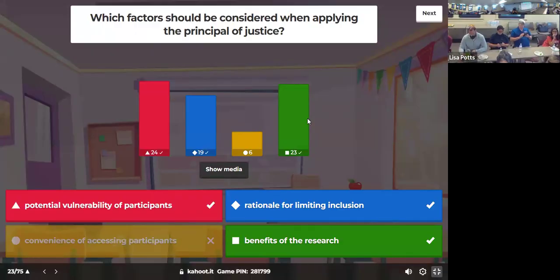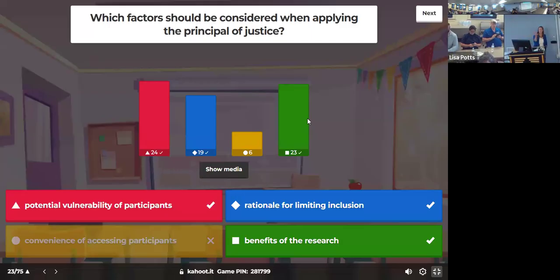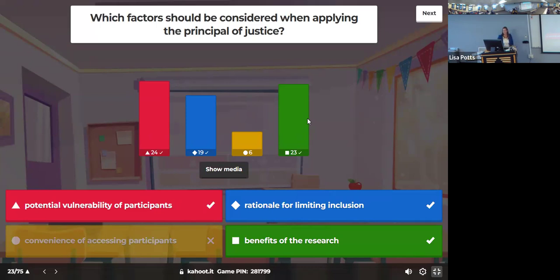Yeah, and I should probably add a disclaimer for all of these questions: they're not all-inclusive. I just picked some key ones, and there could be other factors to think about. But when you're thinking about justice, really think about what your inclusion or exclusion criteria are, and have good rationale for that, not just because I have easy access to these people, or because I need such and such data points.